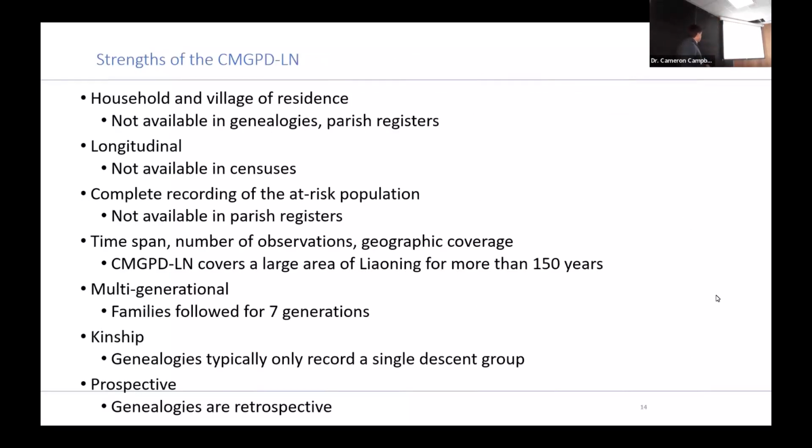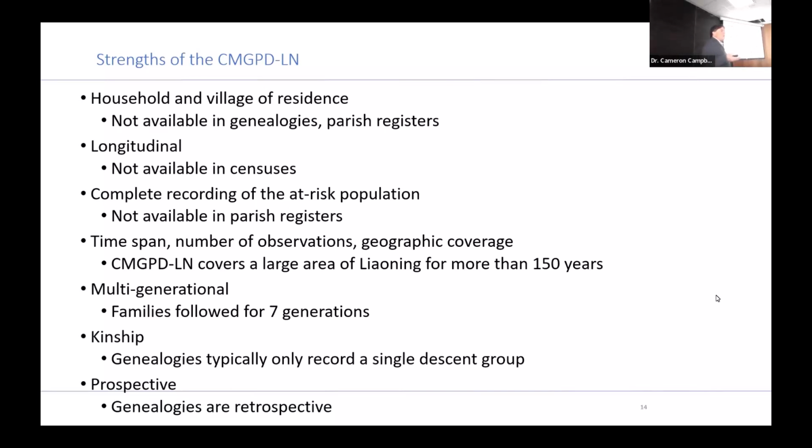Some of the strengths, I think, just recap what I was talking about, so I won't go into too much detail. Relative to other sources for China, it's important to note that these registers were compiled prospectively as part of the state. These people were on state land.